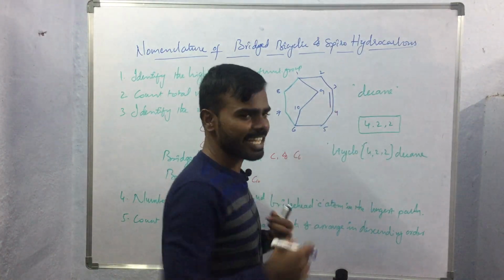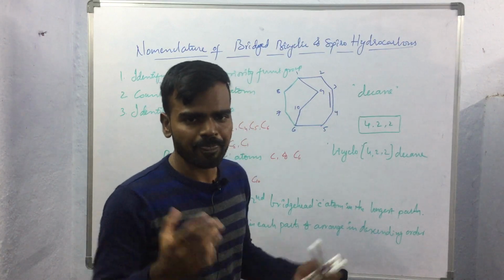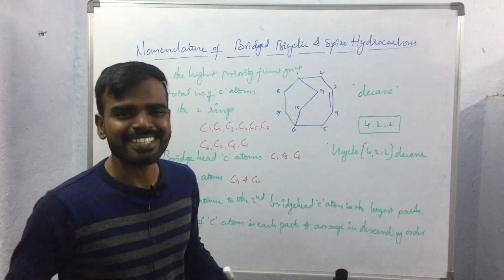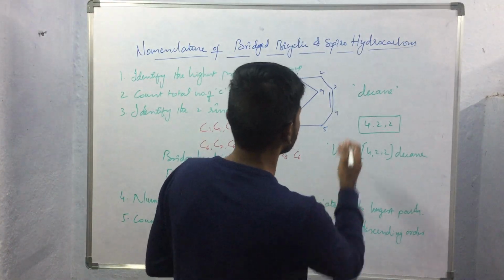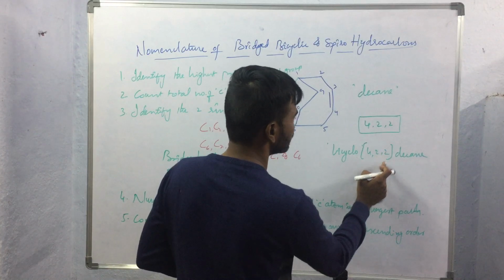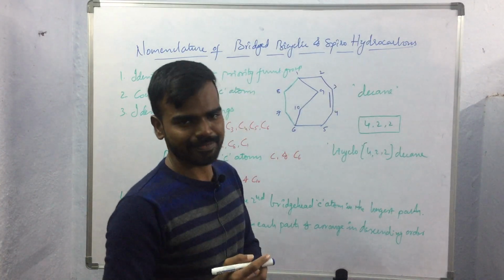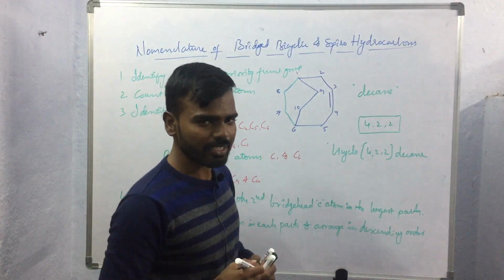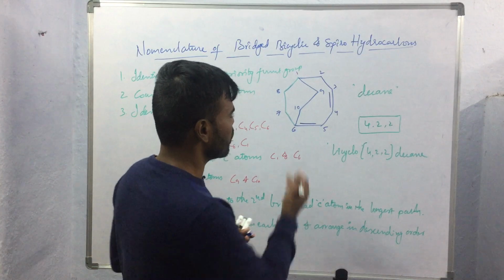So this becomes decene, and the position of the unsaturation will be designated with numbers, as usual. So bicyclo[4.2.2]dec-3-ene. Like that we will be naming the compound. If one more unsaturation is present, what will be the name?